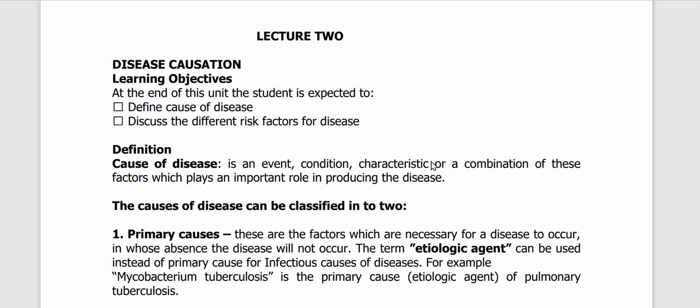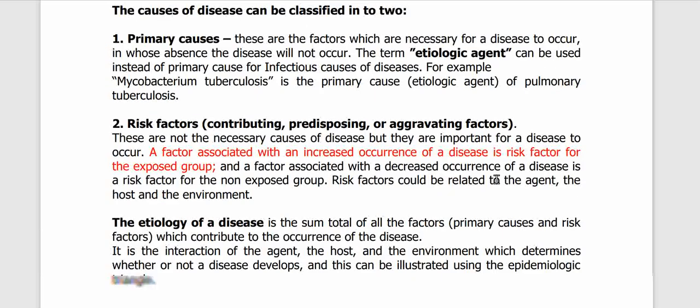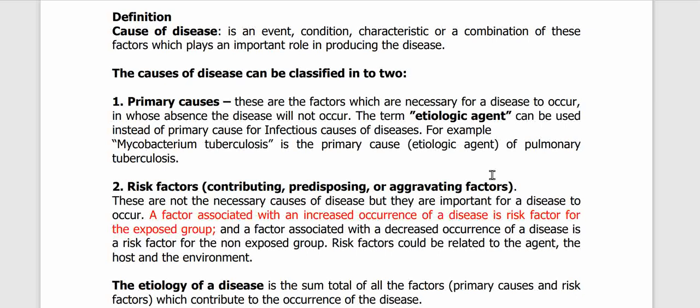Could it be the characteristics, or the event that happened which led to the disease? In summary, there is no way a disease can happen without its etiologic agent. For example, nobody can be affected with tuberculosis in the absence of mycobacterium, which means there is need to have mycobacterium for the disease to occur.